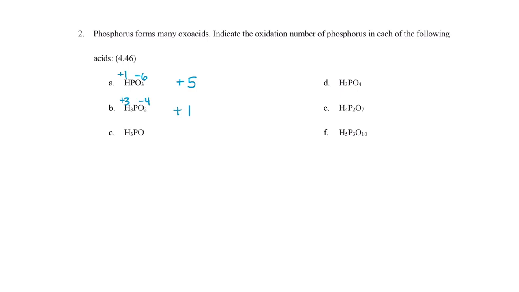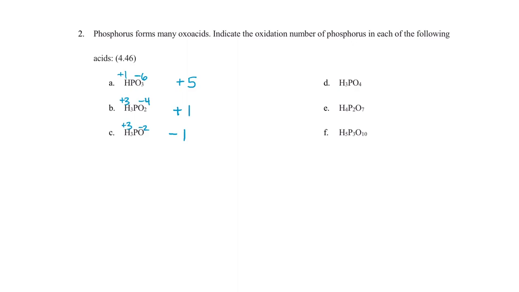In letter B, I have 3 hydrogens, each +1, and 2 oxygens, each -2. So I have a +3 and a -4. The phosphorus will need to be a +1 to balance that out to 0. In letter C, I have 3 hydrogens, each +1, and 1 oxygen, which is -2.